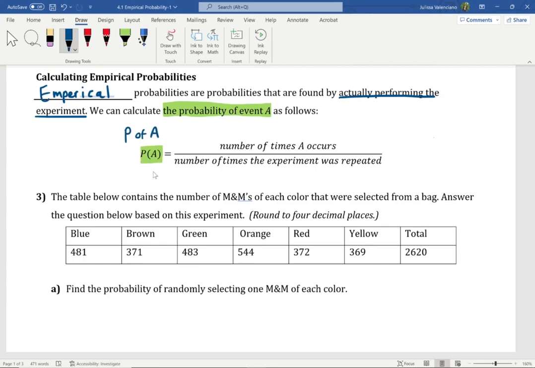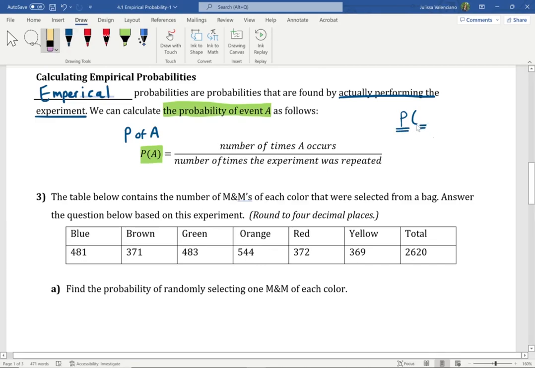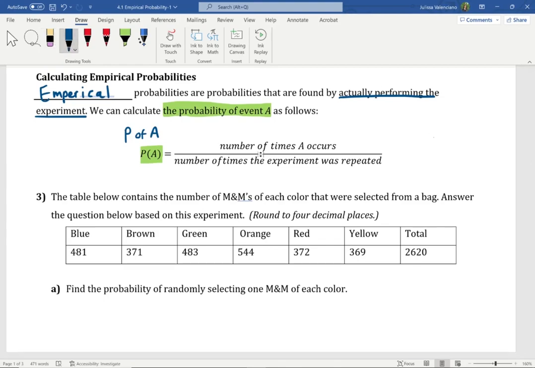So for example, if I wanted to denote the probability of rolling a 6, I can go ahead and say P of 6. Okay, we know that we're referring to the experiment of rolling a die. Here we're referring to the probability of rolling a 6. So that is the notation that we're going to start using in this class. That way we're not doing a lot of writing when we're making calculations.